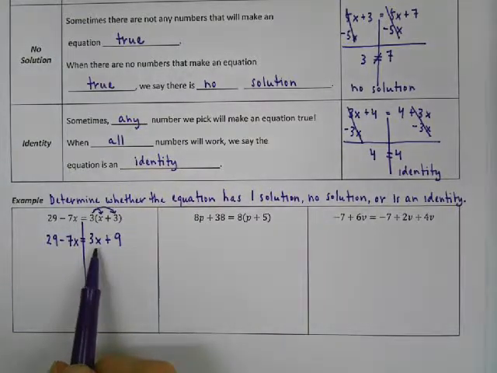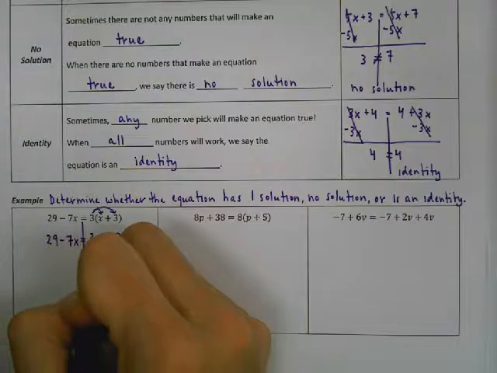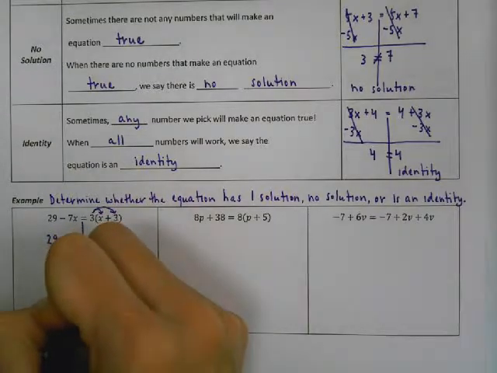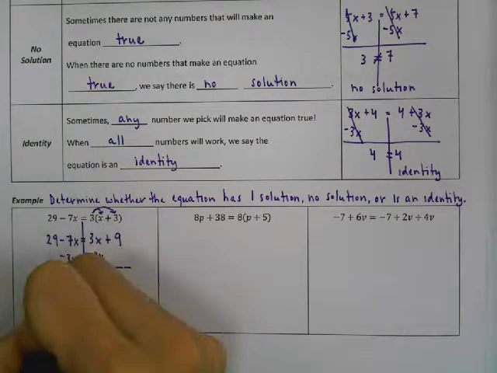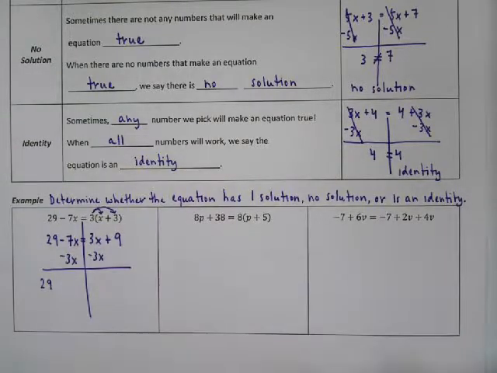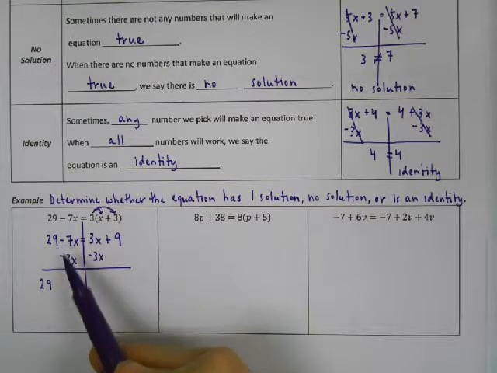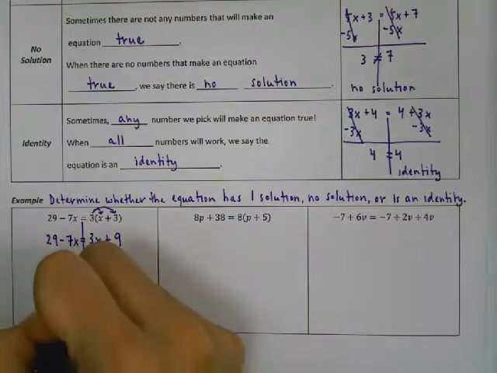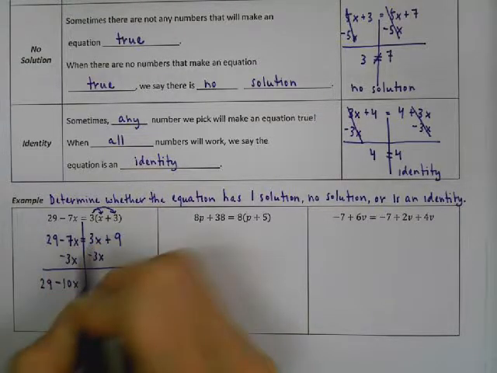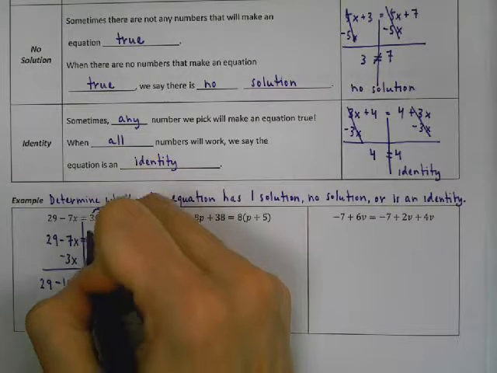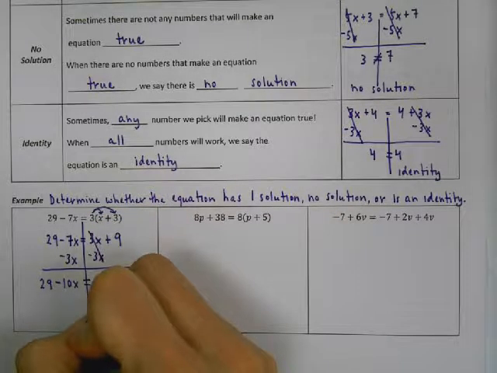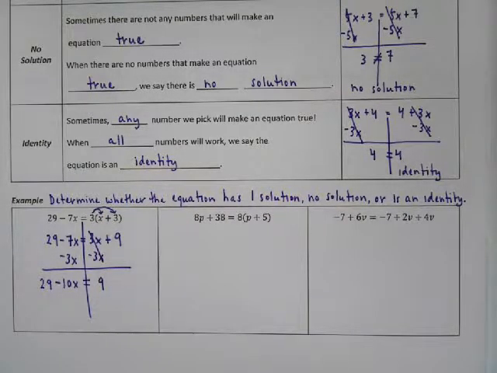So now I want to get all my variables to the left side, so I'm going to subtract 3x from both sides. My 29 comes down. I know negative 7 minus 3 is a negative 10x. Over here, my x's cancel, and I can bring down my 9.